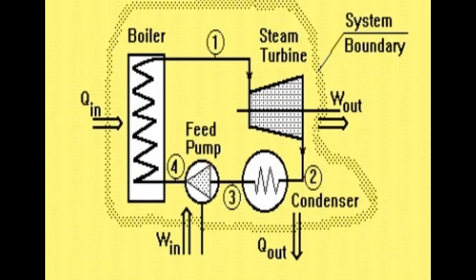After that, the exhaust steam we are cooling down and getting condensed back to water in a condenser, and this condensed water is again flown back to the boiler for further generation of steam.